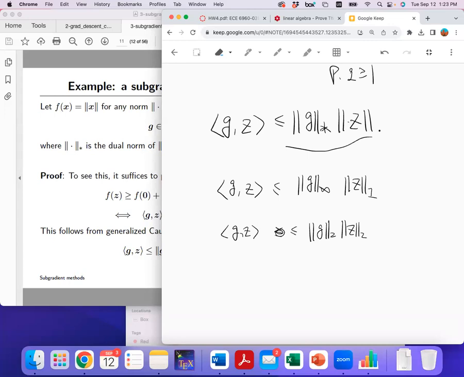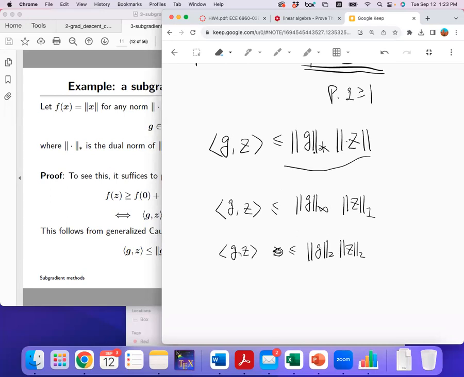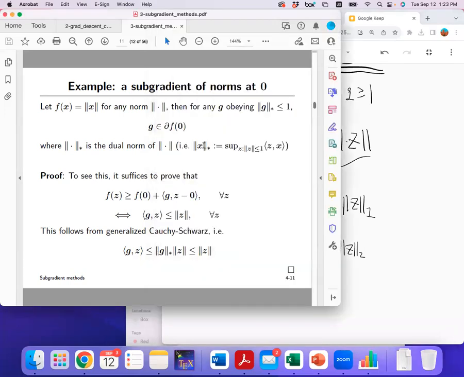This is a more general form that covers all these cases. If you specify an abstract norm, then this is going to be the dual of that norm, and the dual norm is defined in this way. But you don't have to remember this definition.